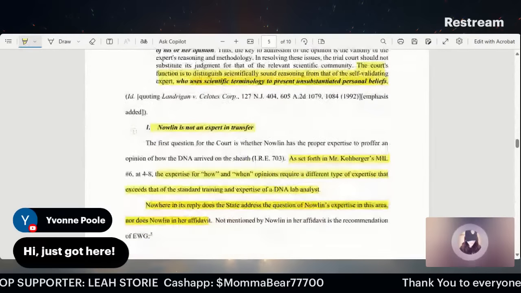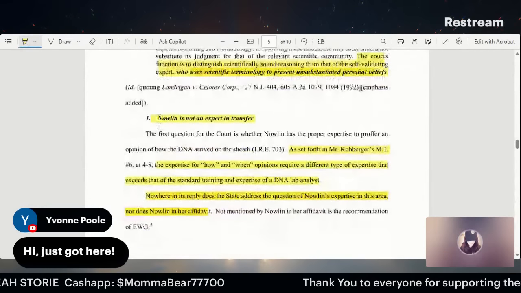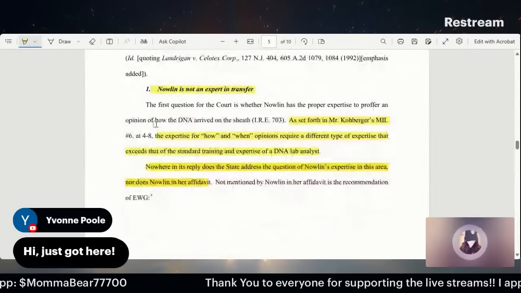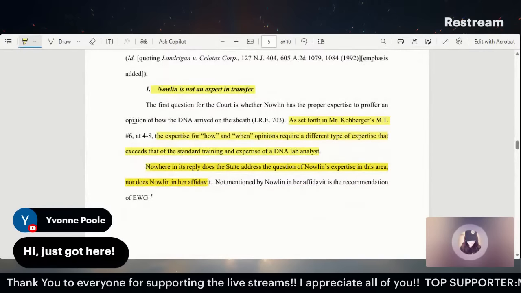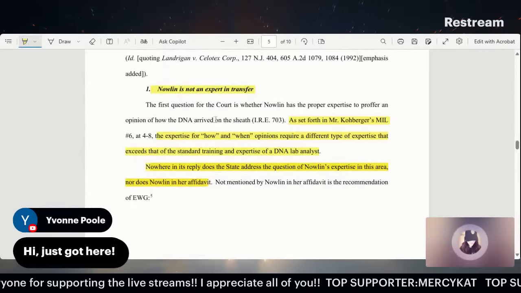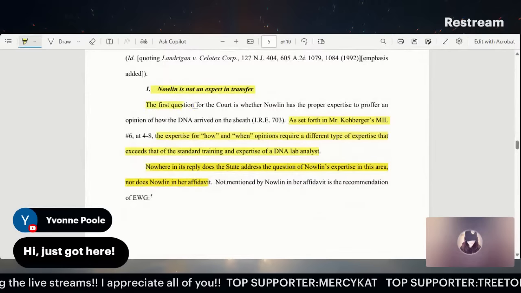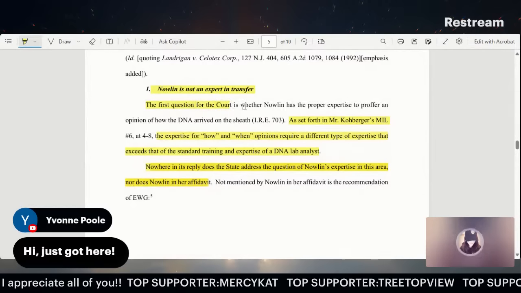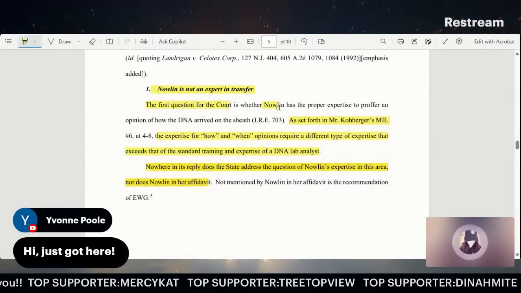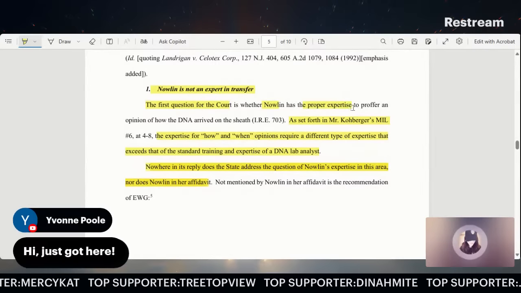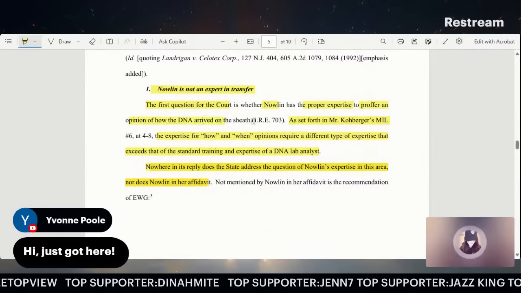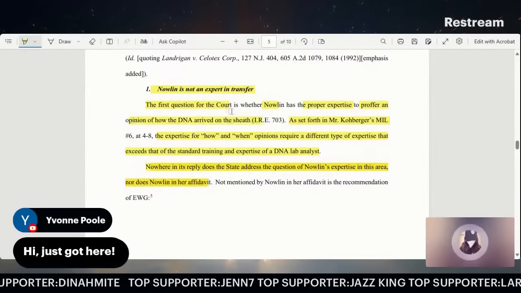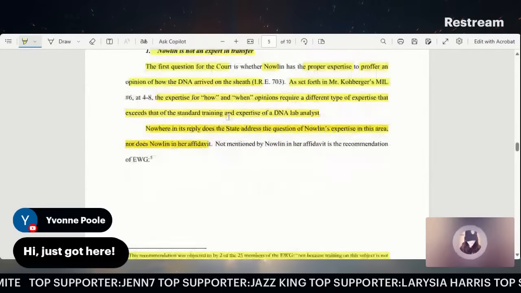1. Nowlin is not an expert in transfer. The first question for the court is whether Nowlin has the proper expertise to proffer an opinion of how the DNA arrived on the sheath.